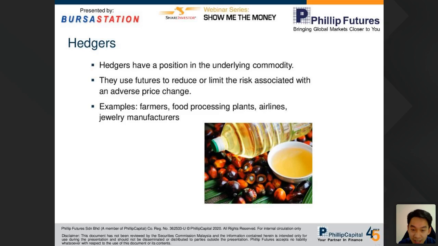So in that case, the profit from futures trading is used to compensate the lower price in his main business. So in this case, the hedger is able to lock in a price, meaning to compensate whatever losses incurred in the main business. So this is one example of hedgers.